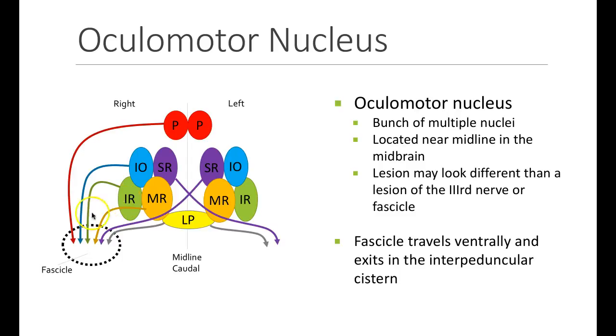So again, if there is a lesion of a unilateral oculomotor nucleus, the patient will have bilateral ptosis and bilateral upgaze palsy, in addition to the unilateral weakness with elevation, depression, and adduction with pupil involvement.